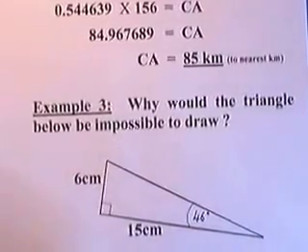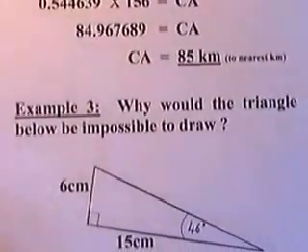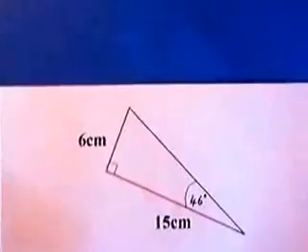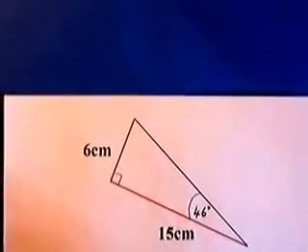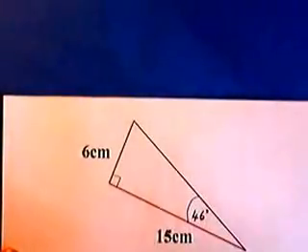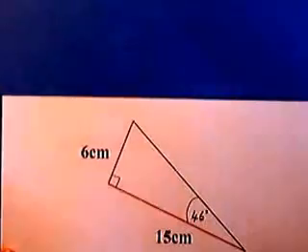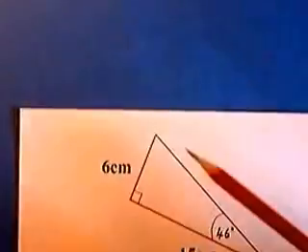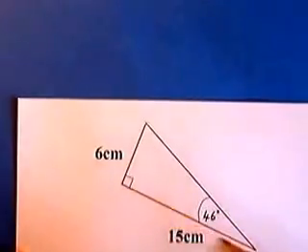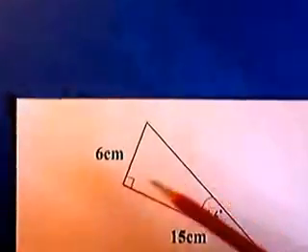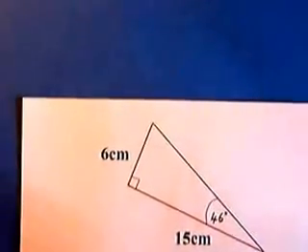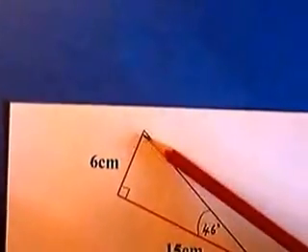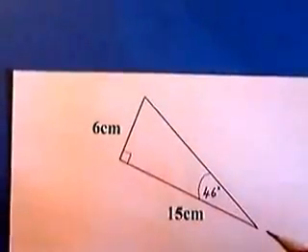Okay, well, let's look at what the sides of the triangle actually are. How are they related to the angle that's there? Well, there's the same situation. That's the 6, that's the 15, that's the angle 46 degrees. There's the right angle, just as before. Well, what is the 6? What is this side?